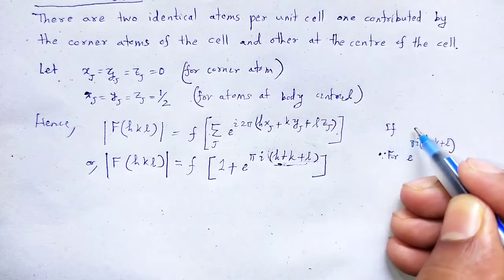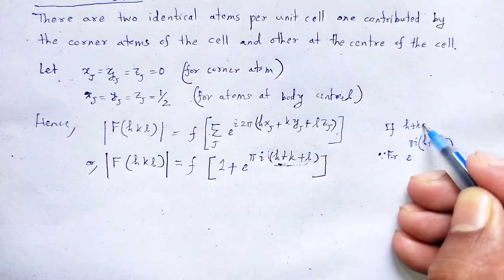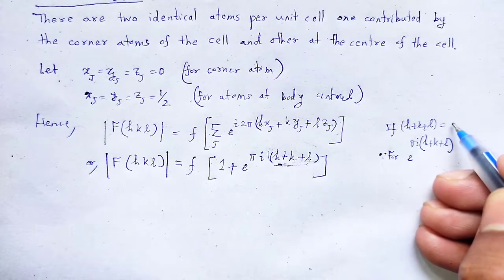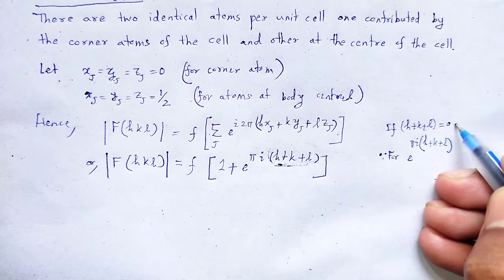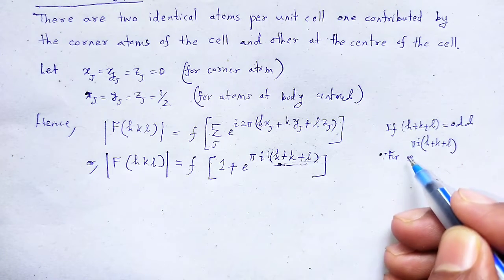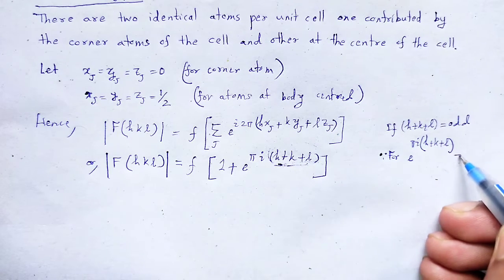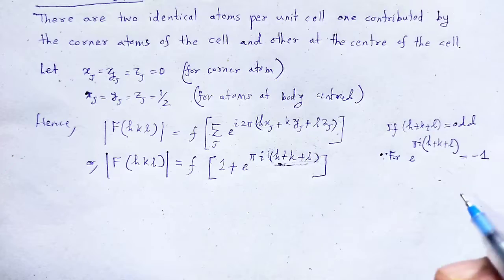If h plus k plus l is odd, then e to the power that quantity will be -1.